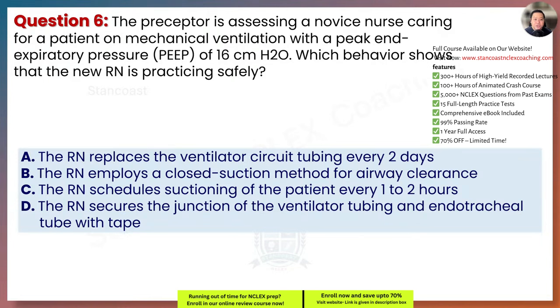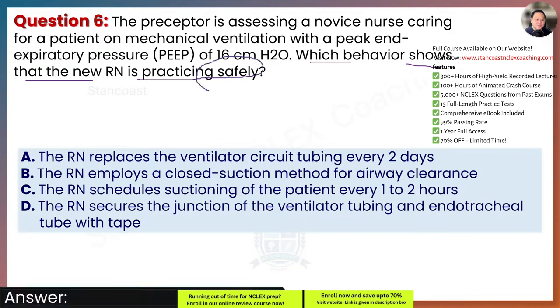Now, I want you to go back into the question stem. It said, which behavior shows that the new RN is practicing safely? So the correct answer here is letter B. And why is that? Well, let's talk first about what the PEEP is here. In our case, it's 16 cm water.